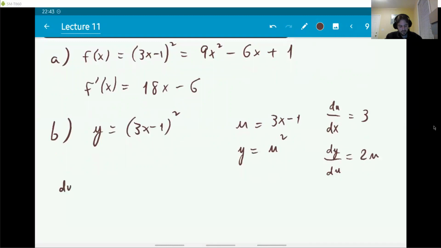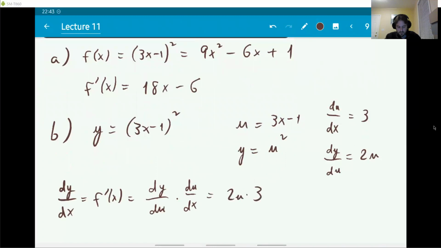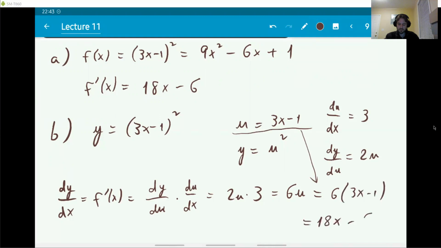Now dy dx, the derivative of f of x, is one times the other, dy du times du dx. So you have 2u times 3, or just 6u. This is what it is in terms of u, but you actually want this in terms of x. So just use the formula for u. Replace u with 3x minus 1, and you get 18x minus 6. It's exactly what we got in item A, so that's good.